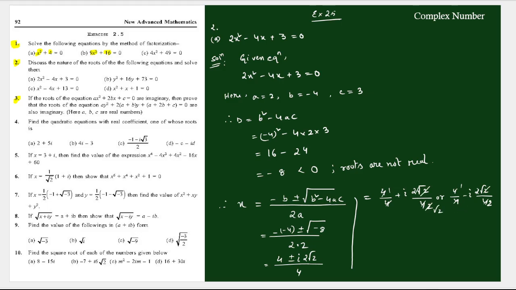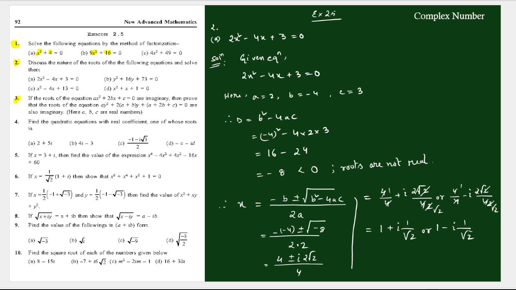So we get 1 plus i 1 by root 2, or 1 minus i 1 by root 2.